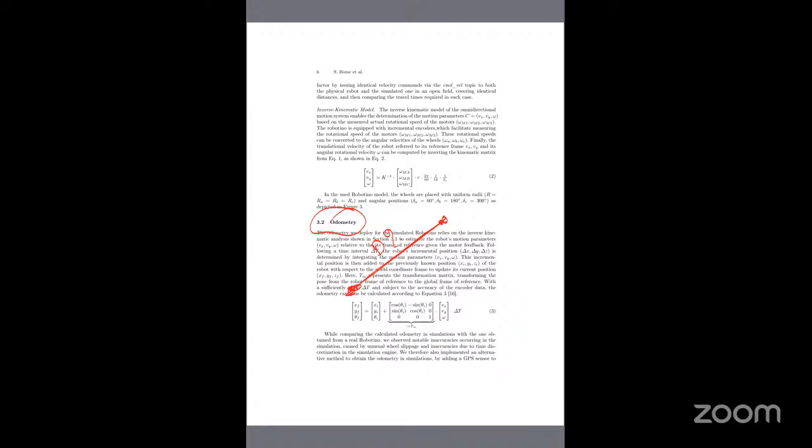Say for example, let's take a delta t time, a small time. How much distance it traveled. Then incremental position: delta x, delta y, delta theta.